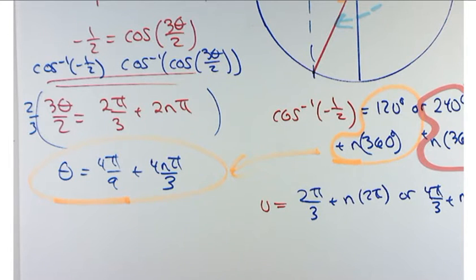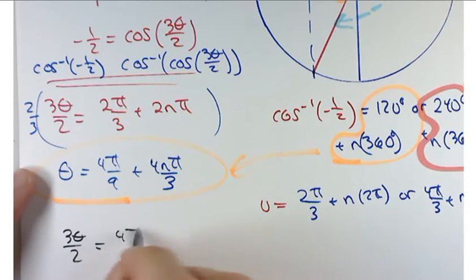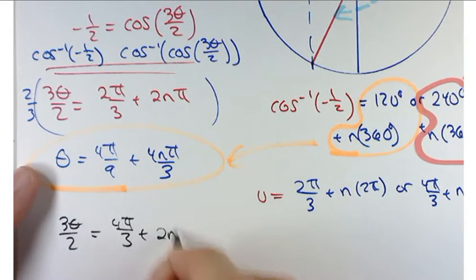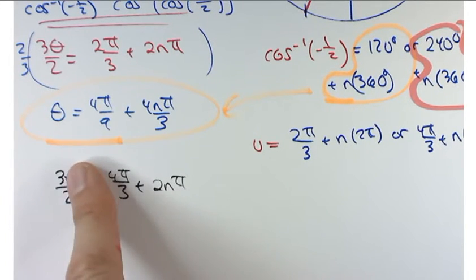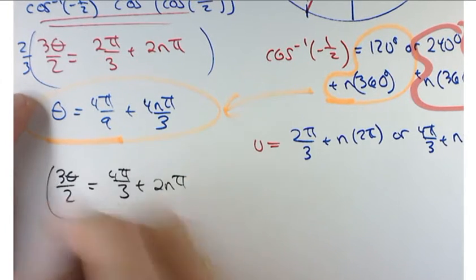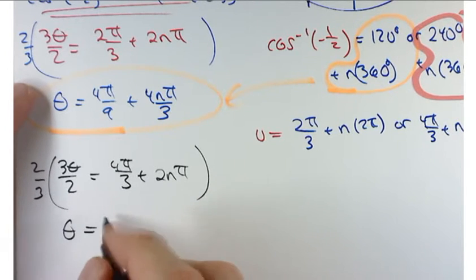The other one is going to be pretty similar. It's going to be where 3 over 2 theta equals 4 pi over 3 plus 2n pi. And there again, you want to multiply by the reciprocal of this coefficient. The reciprocal of 3/2 is 2/3. So if I multiply by 2/3, again, I'll get theta by itself.